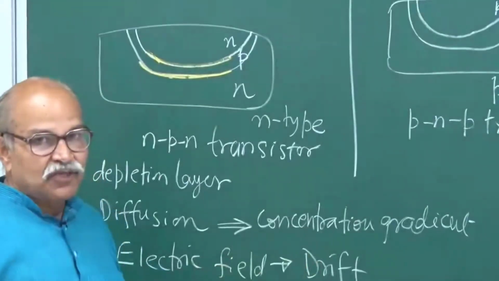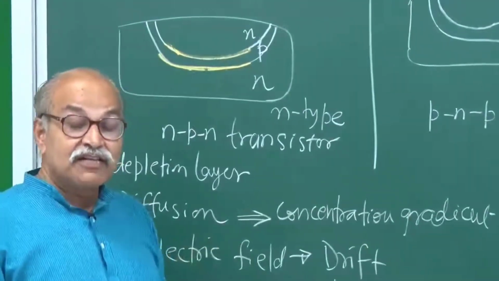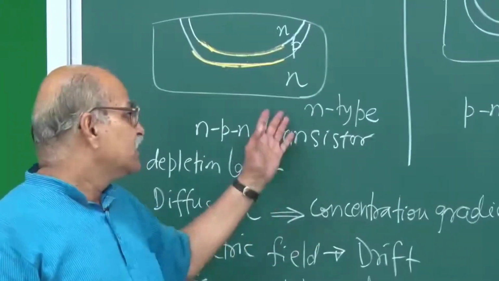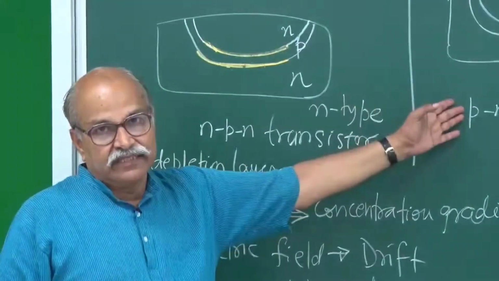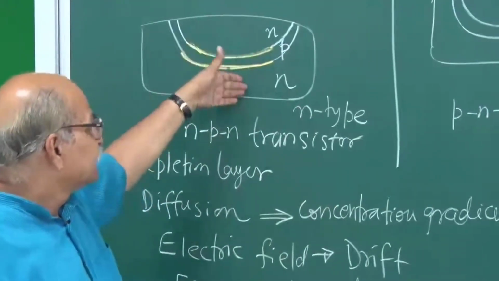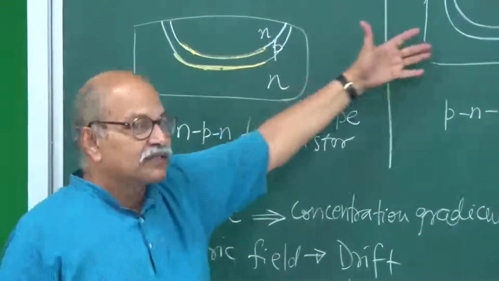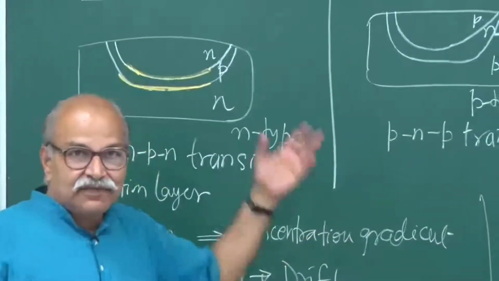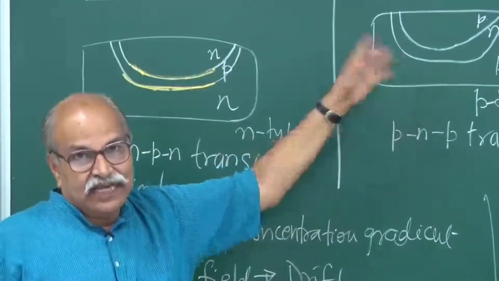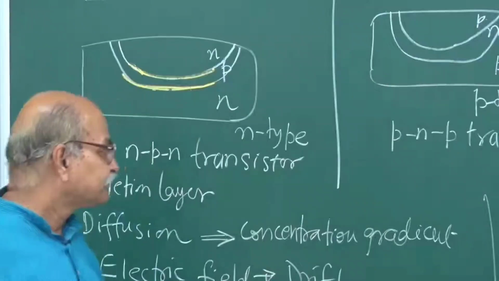If you talk in terms of majority carrier and minority carrier, the same sentences, the same language can be used for this and for this. But if you use electrons and holes, then of course the language will be different. What you call electron in this case you will be calling holes, and vice versa.